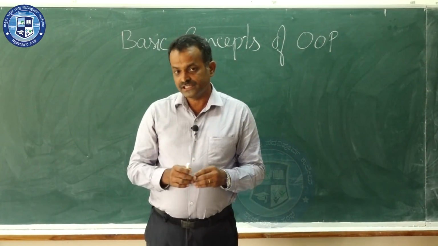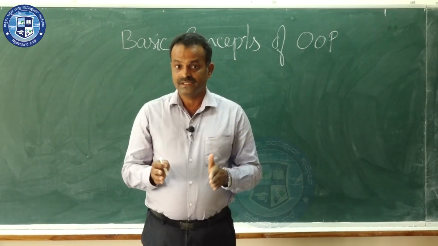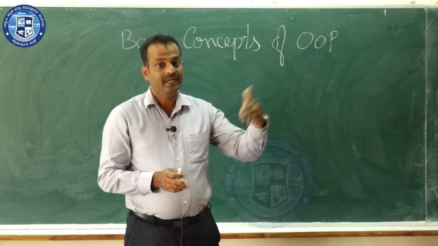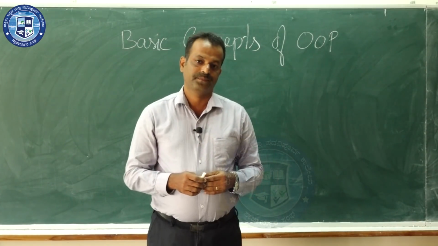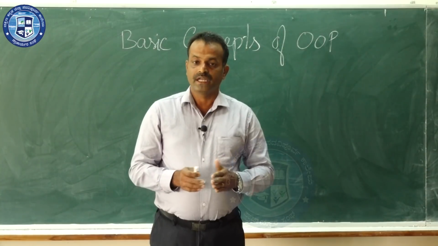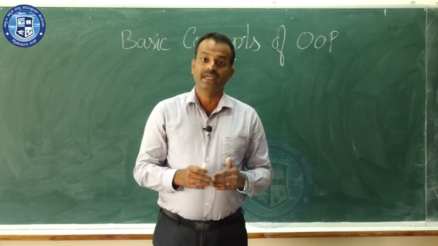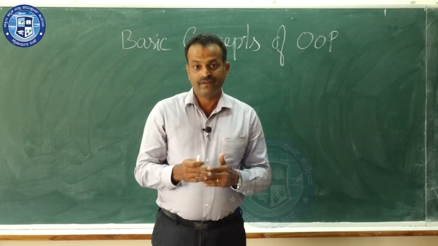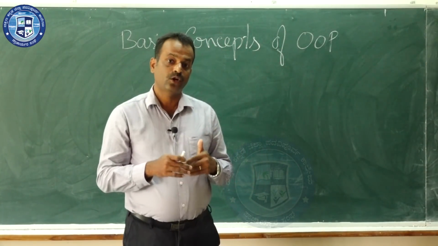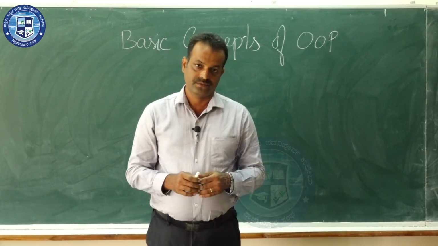Now, what is the difference between a class data type and any other user-defined data type? The class data type can store the data items as well as define the functions that operate on the data items.